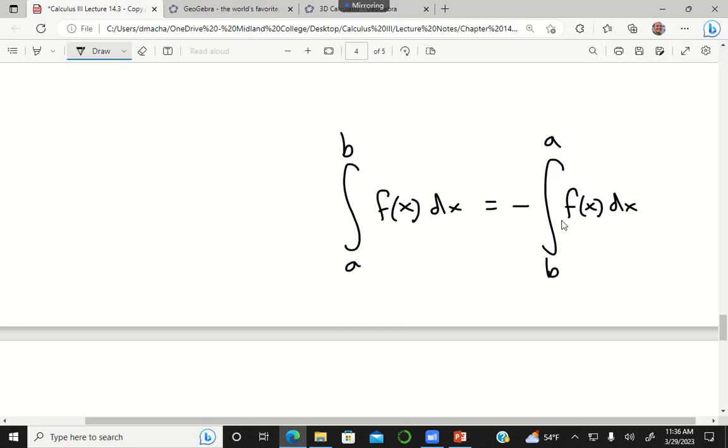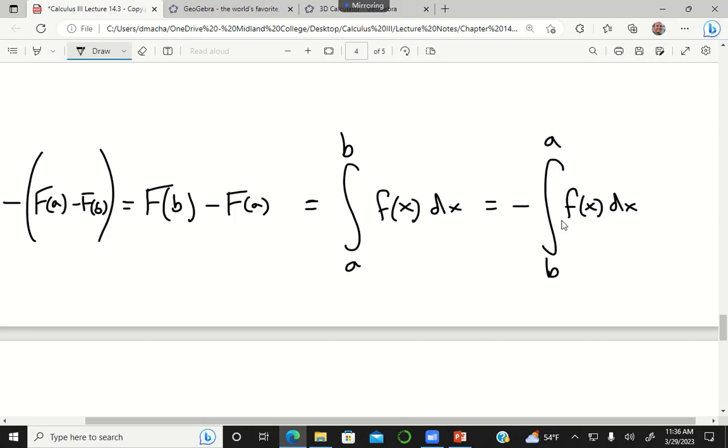If you think about it, you take the antiderivative, because this is equal to the antiderivative of that function evaluated at b minus the antiderivative evaluated at a. And that would be the same thing as negative the antiderivative at a minus the antiderivative at b. Does that make sense? Okay.